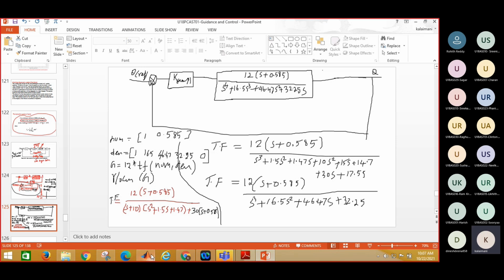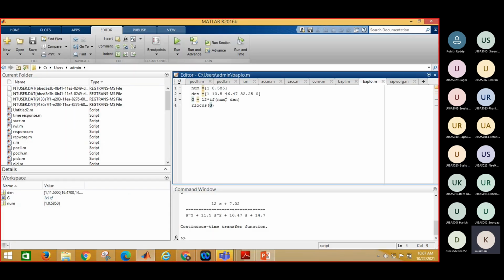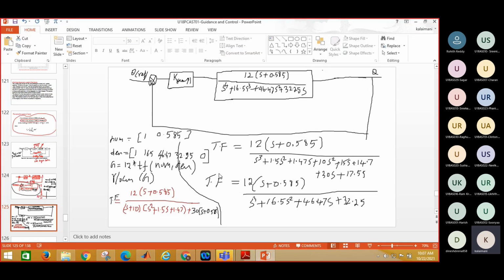One minute, 46.47, then 32.25 is there. Multiplying s square into s, we will get s cube, and 1.5 s square, and plus 10 s square.